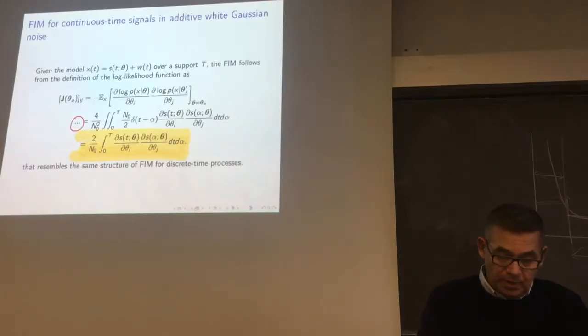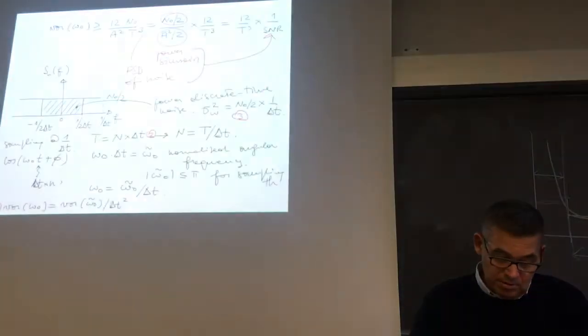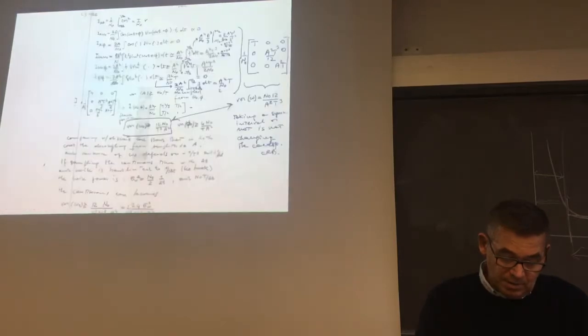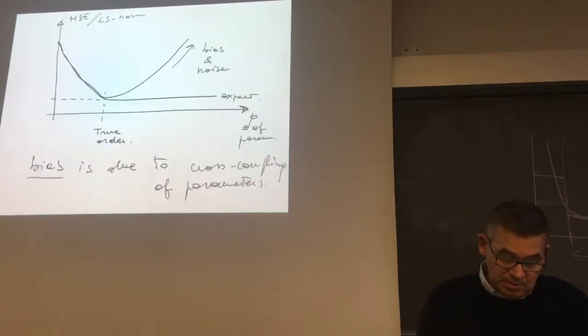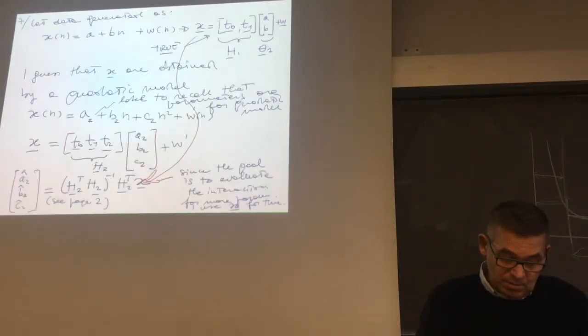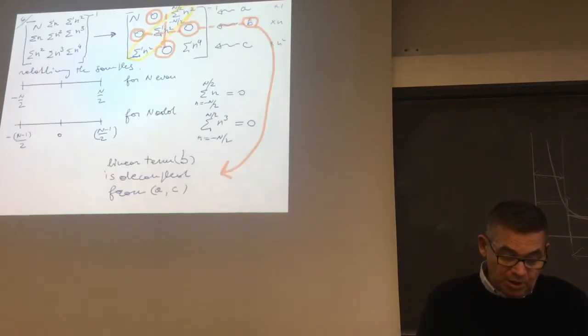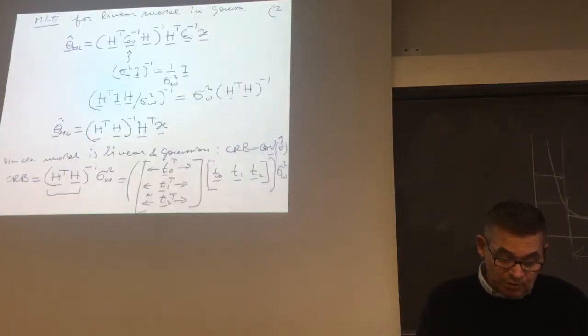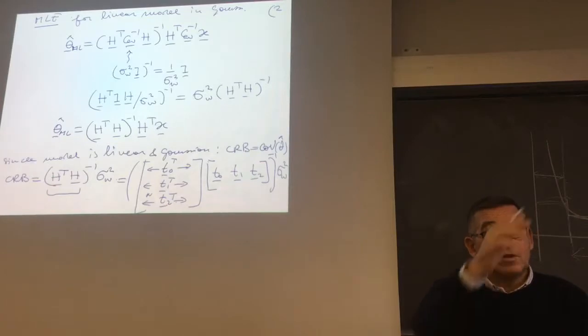Do you remember where we derived the Cramér-Rao bound? So it should be coincident. I don't have the book, so if you have the book, you can check the formula. You have the book, right?